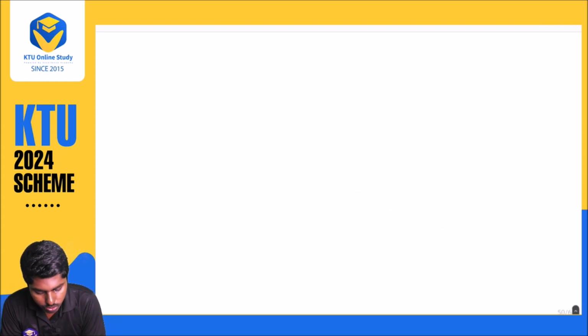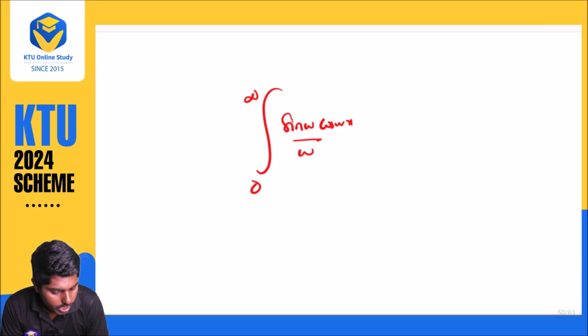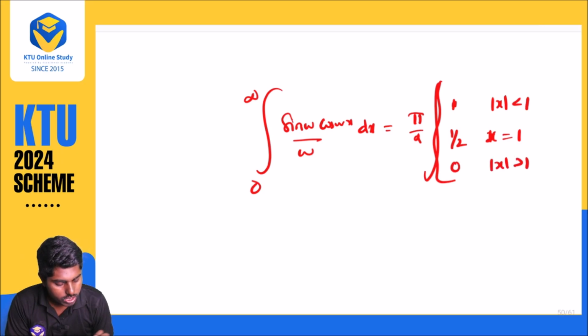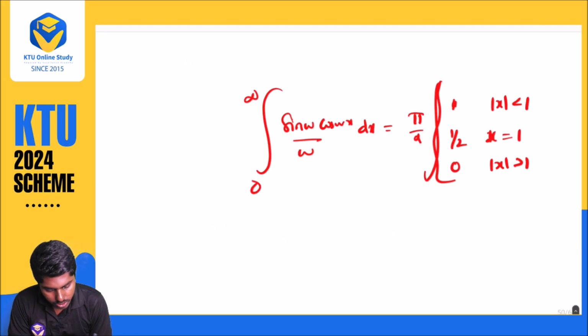We can conclude that the integral from 0 to infinity of sin omega cos omega x divided by omega d omega is equal to pi by 2 times f of x, which is 1 when mod x is less than 1, 1 by 2 when mod x is equal to 1, and 0 when mod x is greater than 1. This is what we wanted to prove.